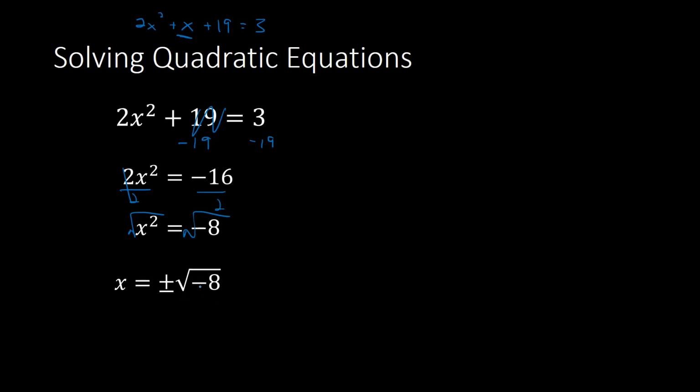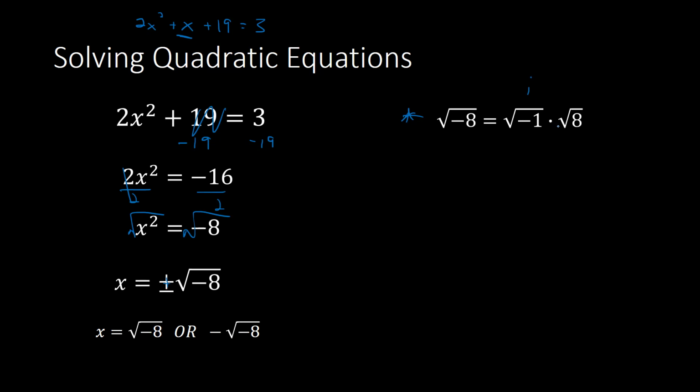Because I have a square root of negative 8, I can pull out the negative component and get the square root of negative 1 over here times the square root of 8. And what I have down here is showing the fact that you have plus or minus, so it's going to be a positive square root of negative 8 or a negative square root of negative 8. But when I break it apart as a product of two radicals, the square root of negative 1 is just i.